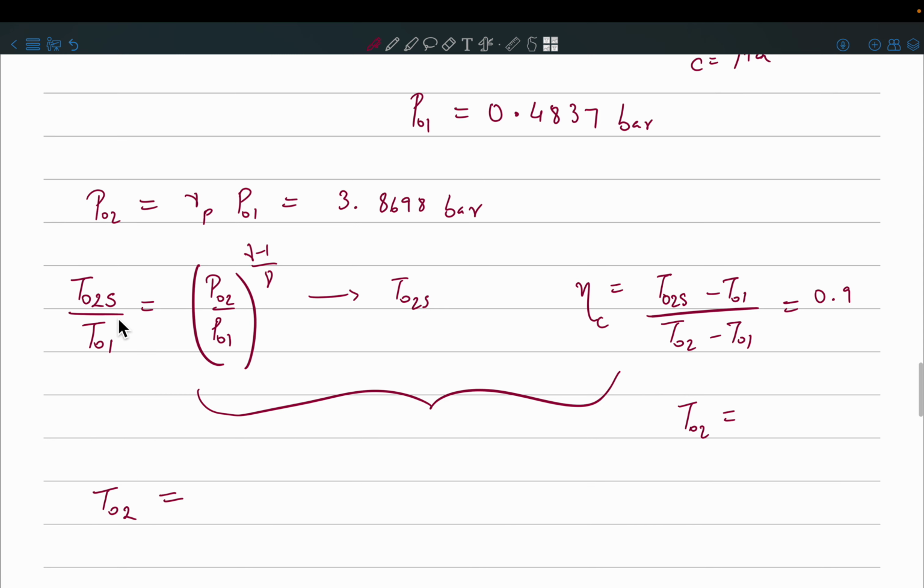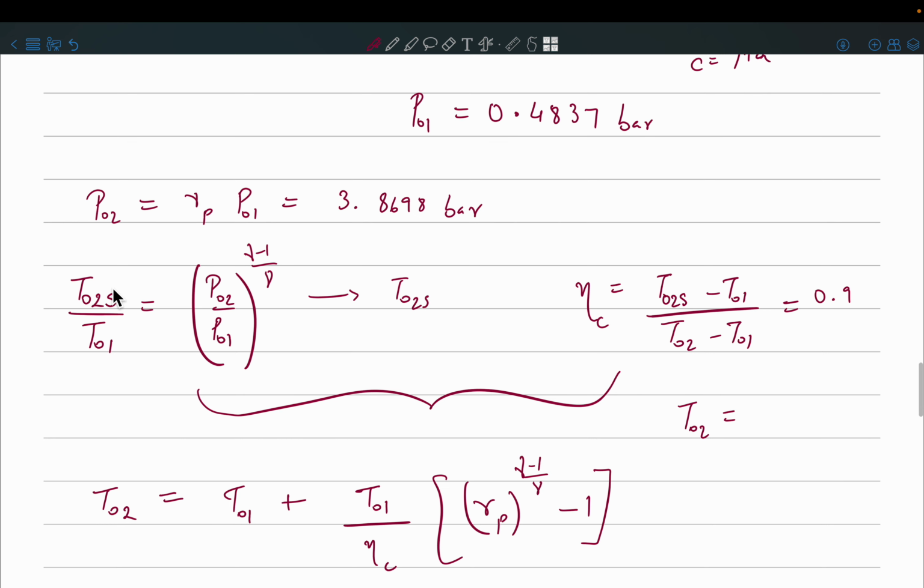Yeah, so I was saying that you can combine these two formulae and basically rewrite for T02 as T01 plus T01 divided by eta C into the pressure ratio Rp to the power of gamma minus 1 by gamma, minus 1.